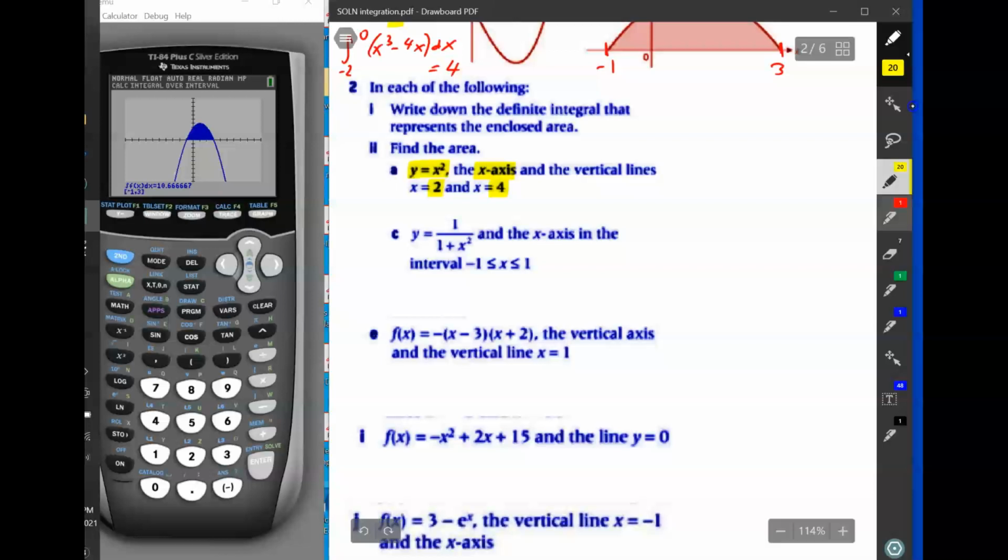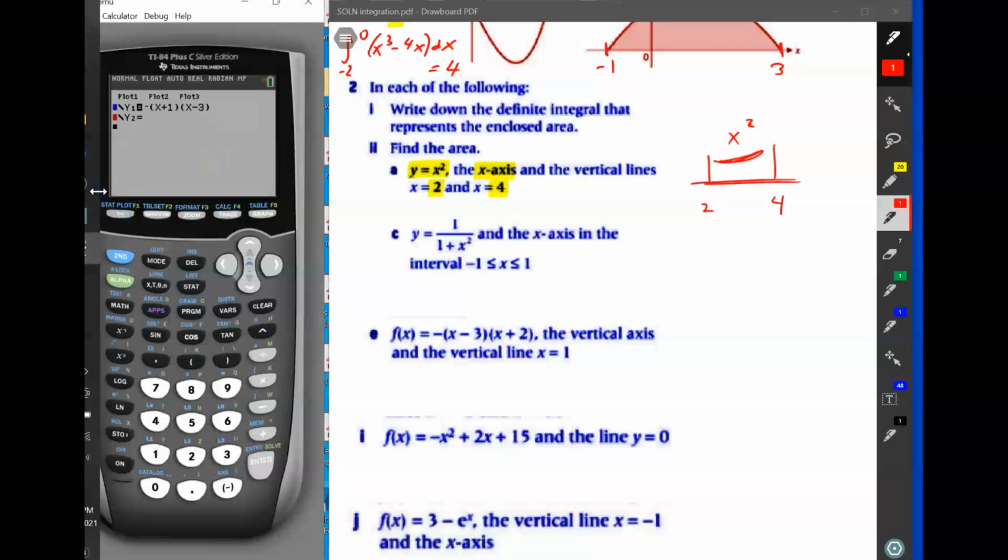So basically what this is saying is the top is a curve, x squared. The left edge is 2, the right edge is 4, and the x-axis is always the bottom. Okay, so I suggest graphing the function x squared, and then that'll help you figure out what exactly you're doing here.